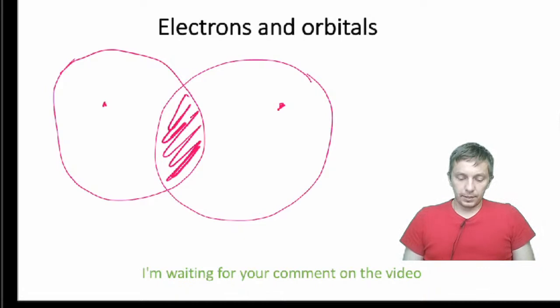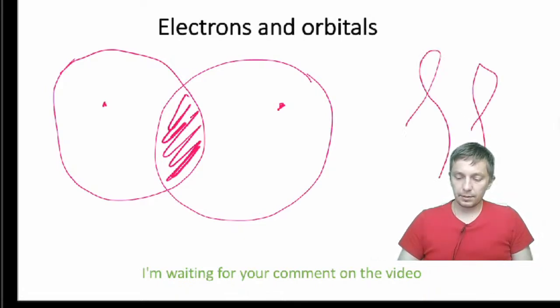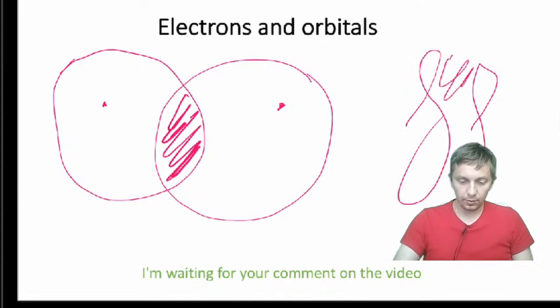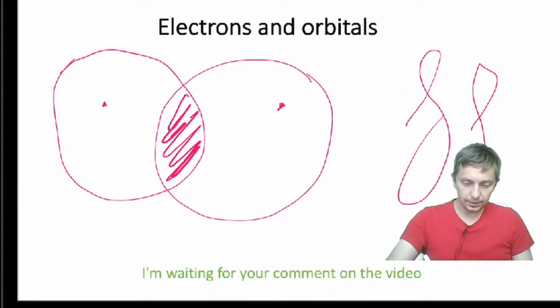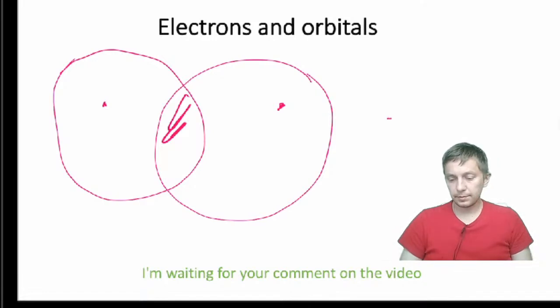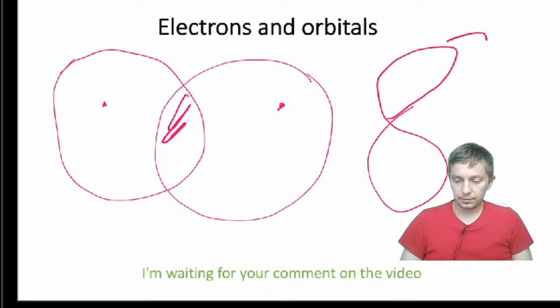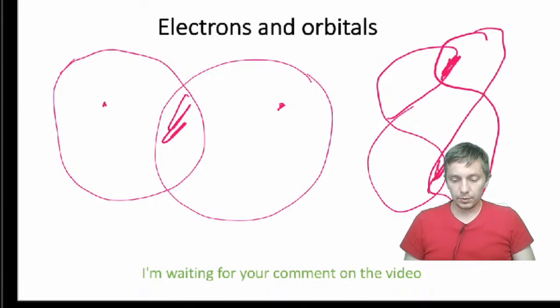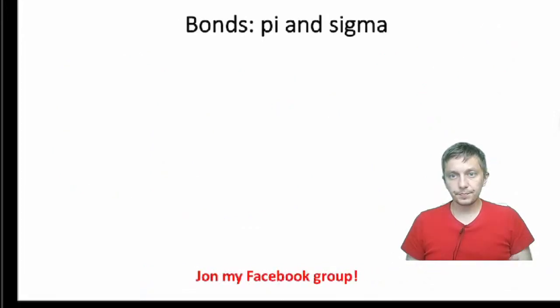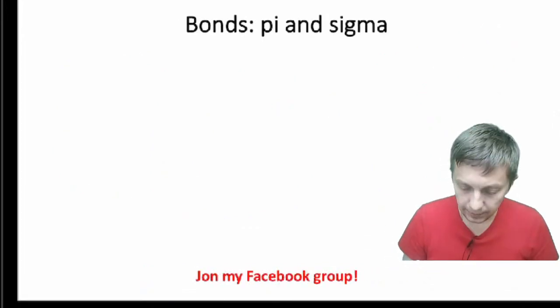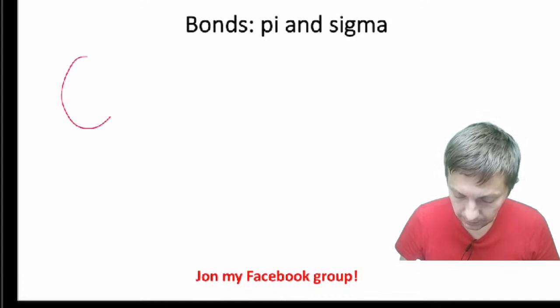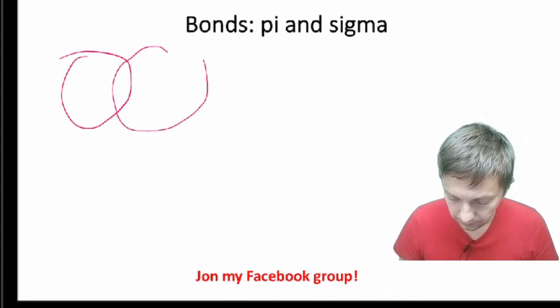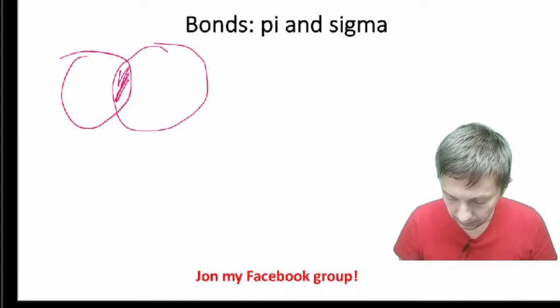And if we have p orbitals, they also overlap, which can also cause bond formation. But if we're dealing with a bond formed directly between atoms, we name it a sigma bond.